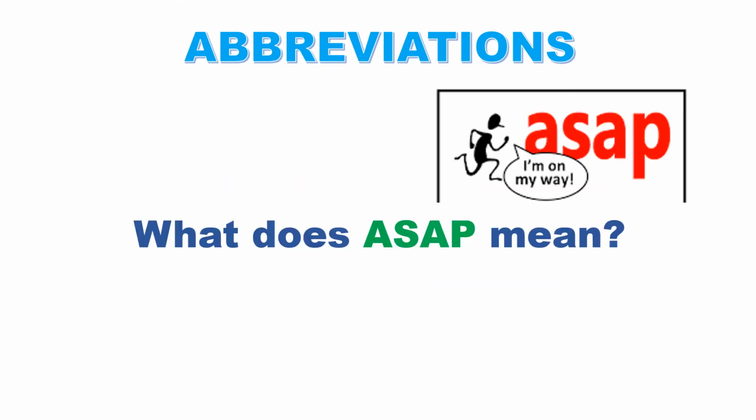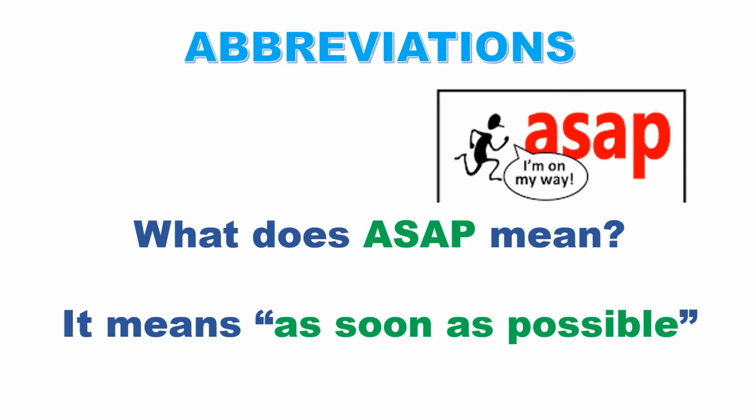All right, ASAP. What does ASAP mean? Okay, you can see someone running, I'm on my way, and running as fast as possible because someone probably asked this person to do something ASAP. So what does ASAP mean?